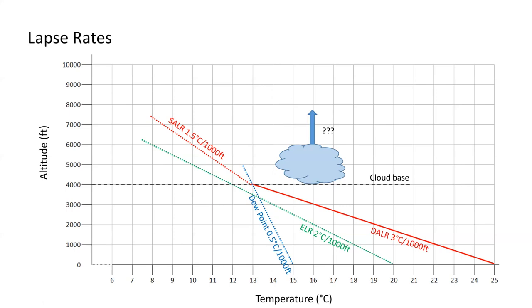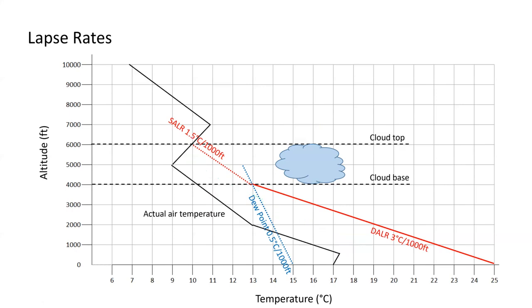This cloud is going to want to go gangbusters until the actual air temperature gets in the way, and we hit an inversion, or another way of thinking about it, a temperature rise. Temperature goes up with altitude, which is against the environmental lapse rate that you commonly assume through the atmosphere.